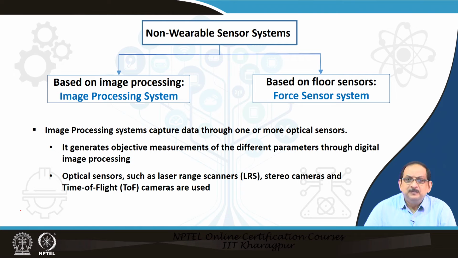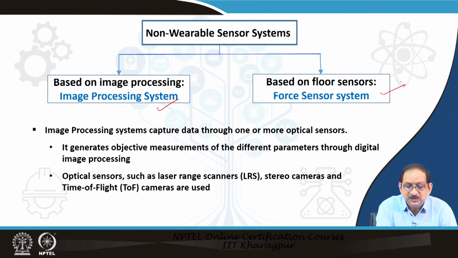In this lecture, we will be focusing our discussion on non-wearable sensor systems, which can be based on image processing systems or can be based on floor sensors where there are force sensors.